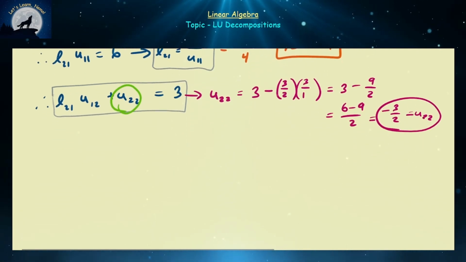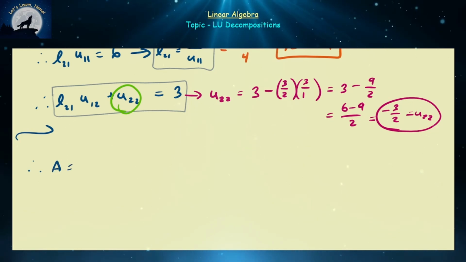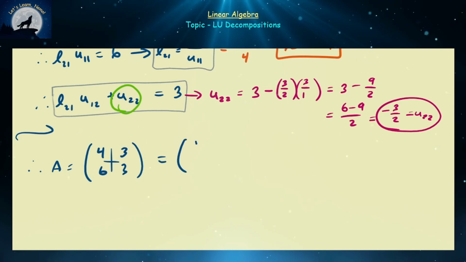So now we have our matrix A, which is equal to 4, 3, 6, 3, now being factored into our LU. So we have 1, 0, and 1. That's always going to be true for a 2 by 2 L. And we have that L21 is equal to, and we came out with 3/2, right?